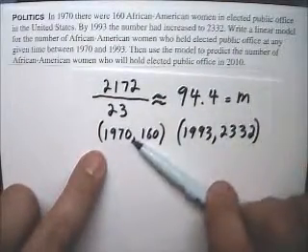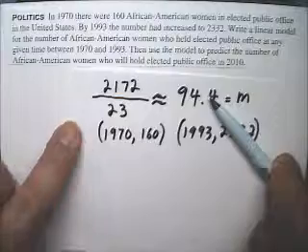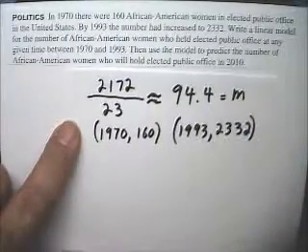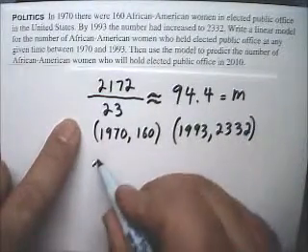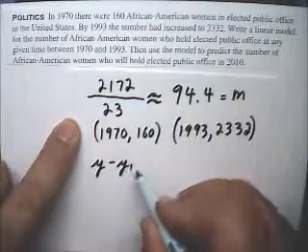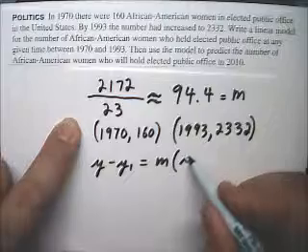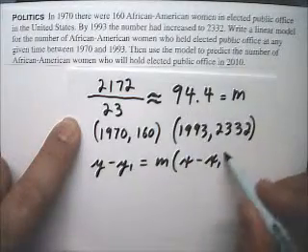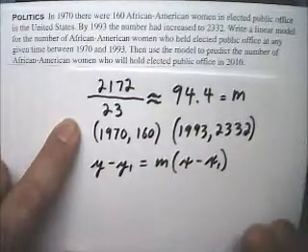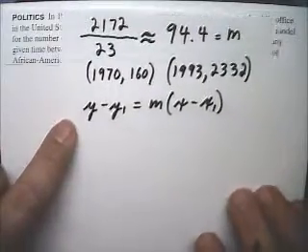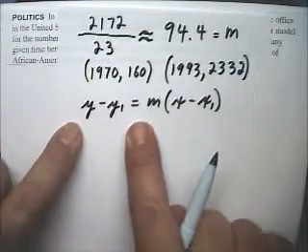I'm just going to use this point with this slope and use the point-slope form. So we have y minus y1 equals m times x minus x1. Now this is a little different than in the book, but you'll see it should make sense. I think it's very straightforward.